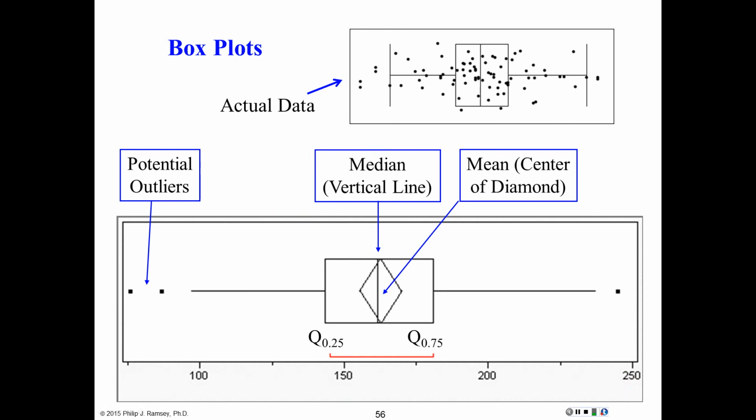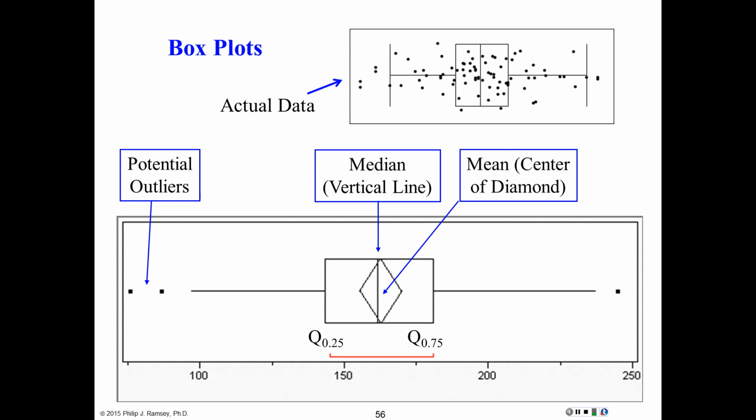And notice that a box is constructed, and the ends of the box correspond to the 25th and 75th percentiles. So the length of the box is the interquartile range. So the length of the box directly relates to the spread or scatter in the data. And then there's a solid line inside the box, and this is the location of the median.